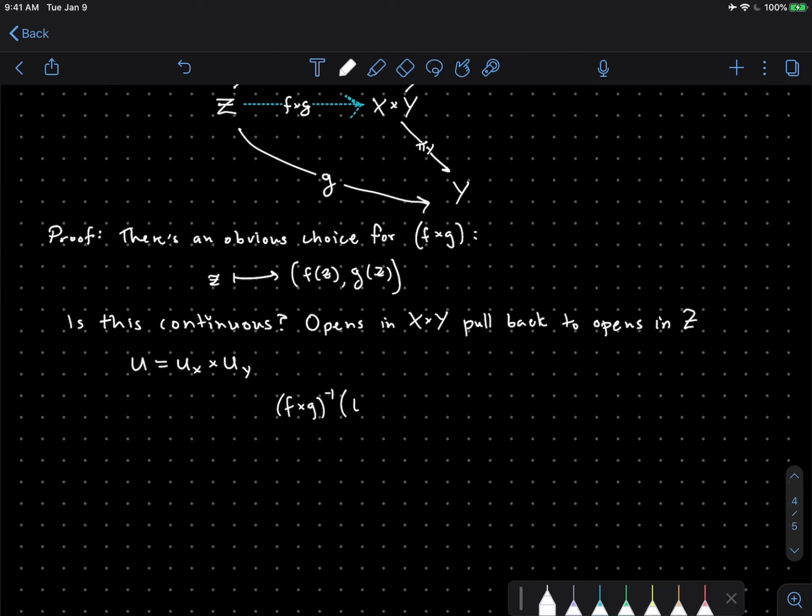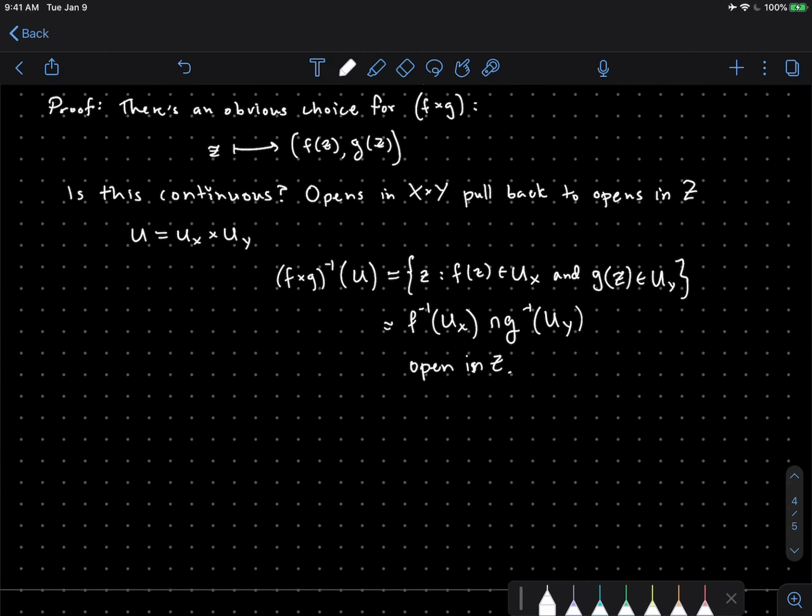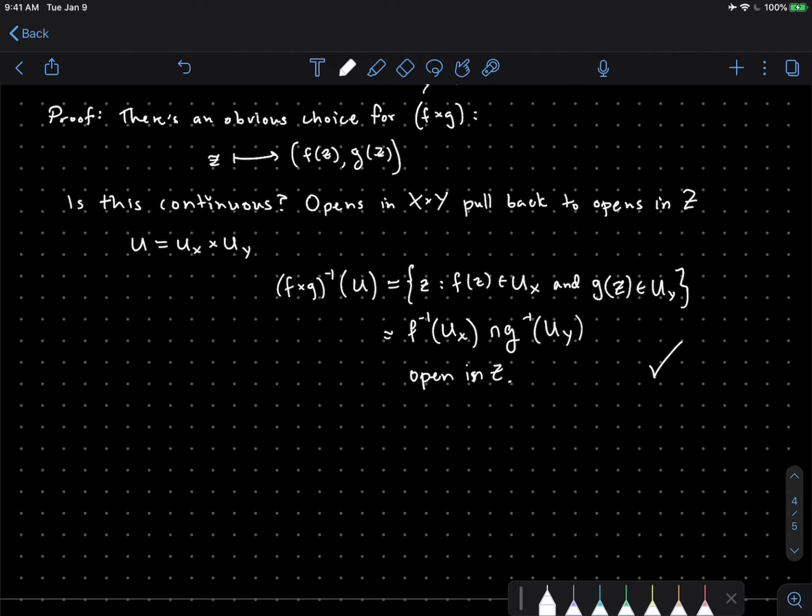So F cross G inverse of U is going to be the set of all z such that F of z is in U sub X and G of z is in U sub Y. So in other words, this is F inverse of U sub X intersect G inverse of U sub Y. And because F and G are both continuous, this is open in Z. All right, so F cross G is continuous.